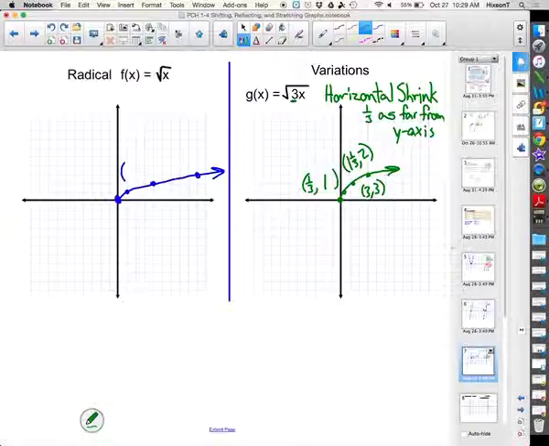So instead of being 1 unit away from the y-axis when we hit 1, we're only 1/3 of a unit away when we hit 1. And instead of being 4 units away when we hit 2, we're only 1 1/3 units away when we get up to 2.